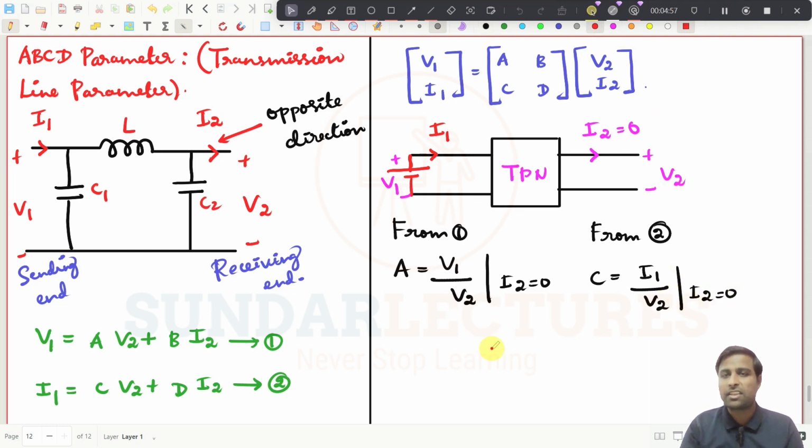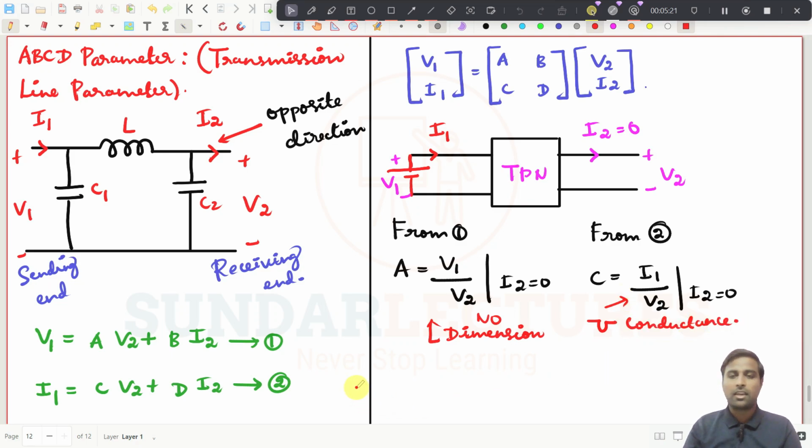And we have seen these kinds of things already. What is this one? This one will be dimensionless, it doesn't have any dimension. And what will be this one? This one, I by V, obviously is nothing but conductance. This is the conductance one.